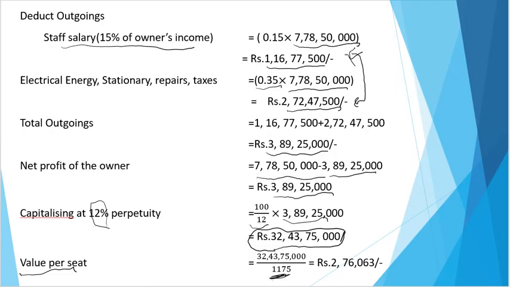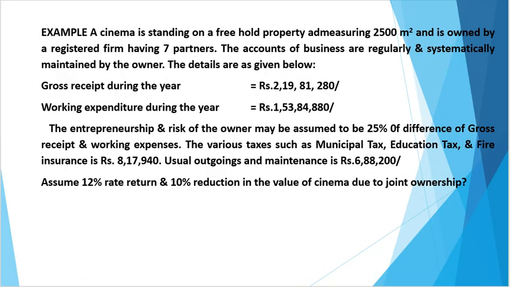So divide 32 crore 43 lakh 75,000 by 1175. So the value per seat is 2 lakh 76,063.